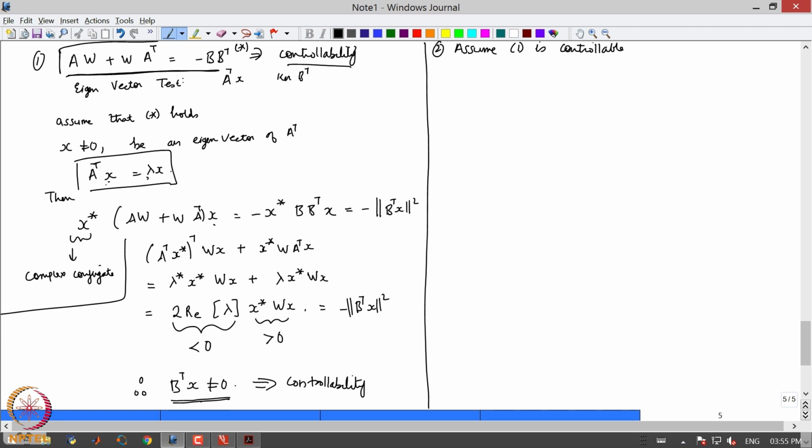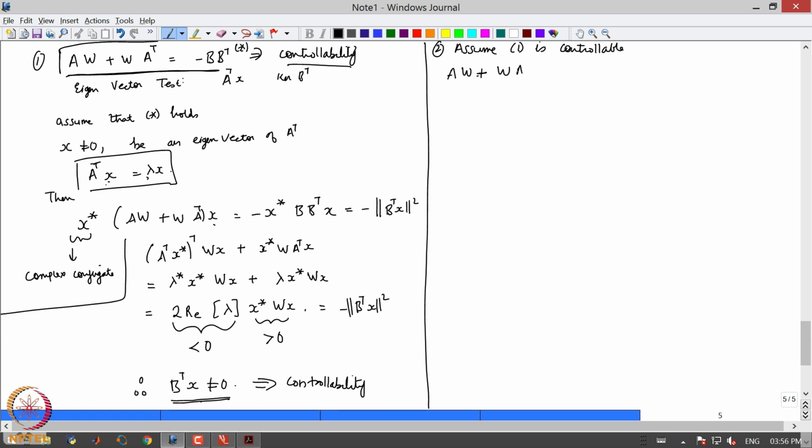Okay. If this is controllable, then we will show that this equation, marked by star, is actually true. So this is how the equation looks.